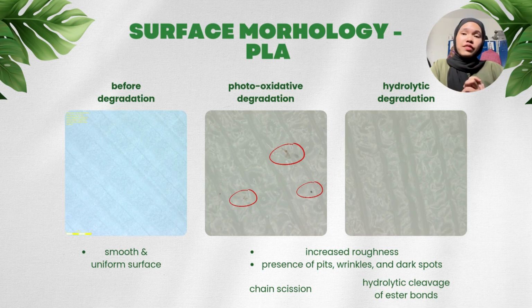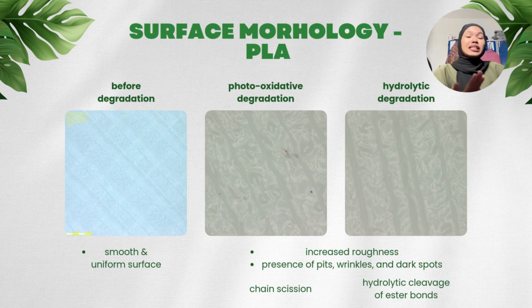The PLA surface becomes rougher and uneven with visible features such as pits, wrinkles, and dark spots. These defects suggest that the degradation has occurred mainly at the surface due to the ester bond cleavage and chain scissions. The degraded PLA also appears more brittle, even though no major cracking is observed.